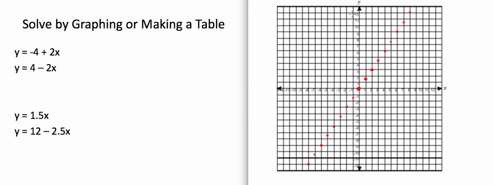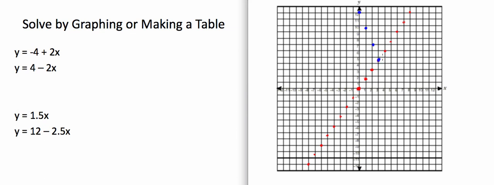So that's why we have to make as many points as possible in both directions. Now we look at the next one. It starts at 12, so it's going to start up here, and it's going to go down 2.5 each time, over 1 each time.